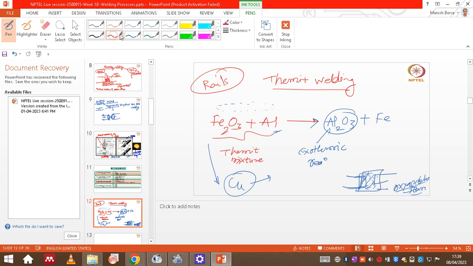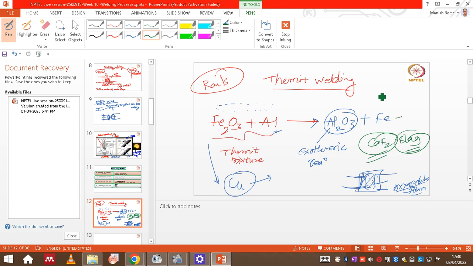So if you remember, the professor also suggested during the lecture that if we have to improve the properties of the cast microstructure, then we can add certain elements, certain ferroalloys, in the thermite mixture itself, and also we can add certain fluxes like calcium chloride or other fluxes, which will form the slag and protect the process, right?